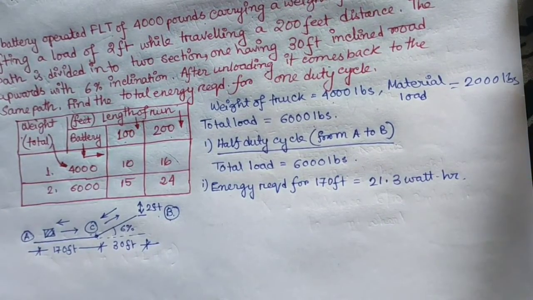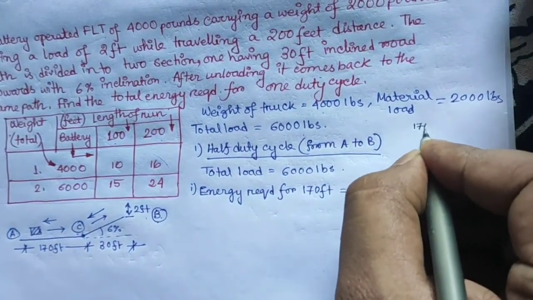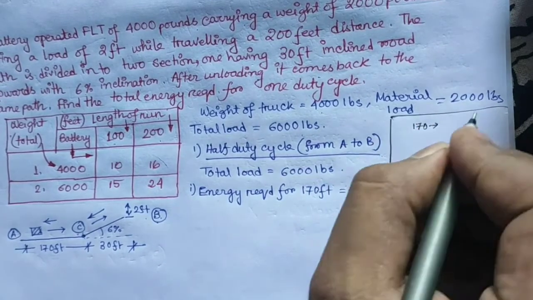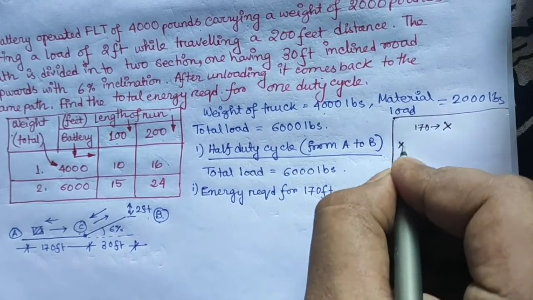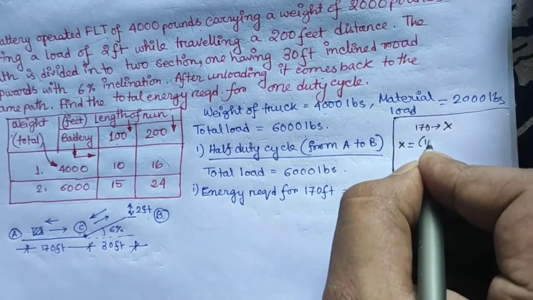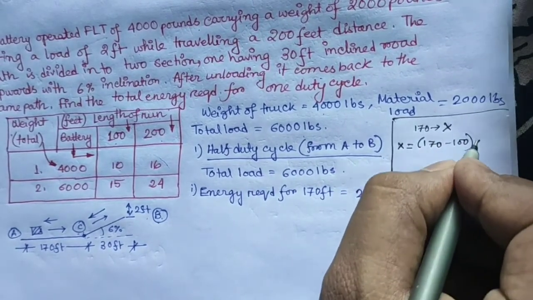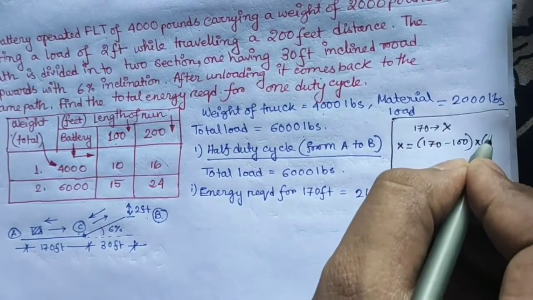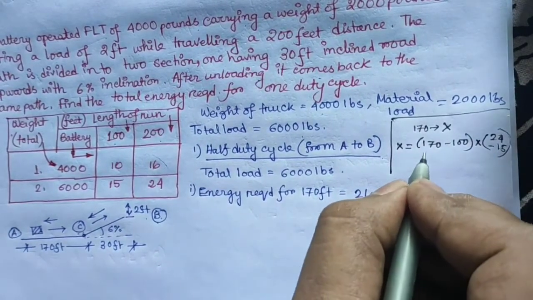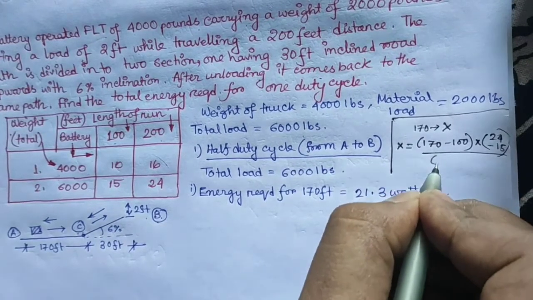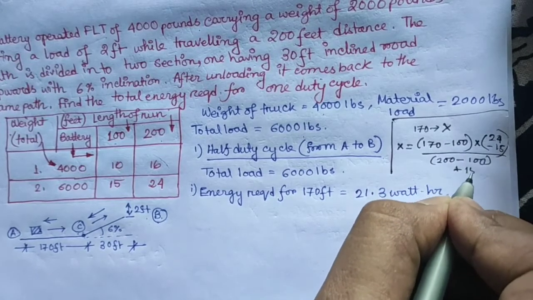Okay, how will we do that? If we think for 170 feet, watt hour is X, then X will be equal to (170 minus 100) into (24 minus 15) by (200 minus 100) plus 15.